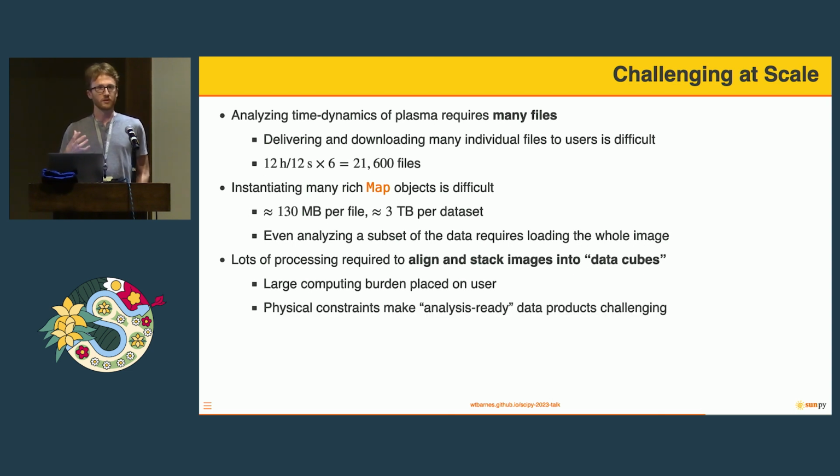But the retort might be, okay, why isn't the data provider just building these data cubes for you and delivering them to users? Well, the fact again that the sun is rotating and that these active regions are popping up on the sun all the time, especially right now as we're approaching solar maximum and the sun is really active, means there are many active regions on the disk, and it's just not possible to produce these analysis-ready data cubes for every single region any scientist might want to look at.